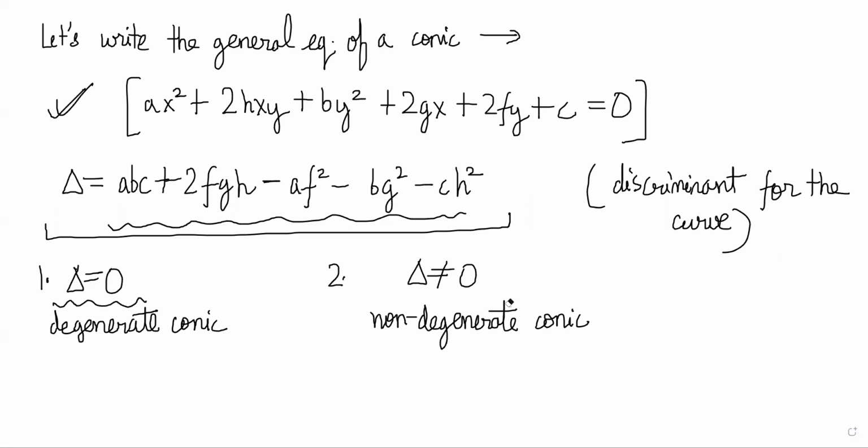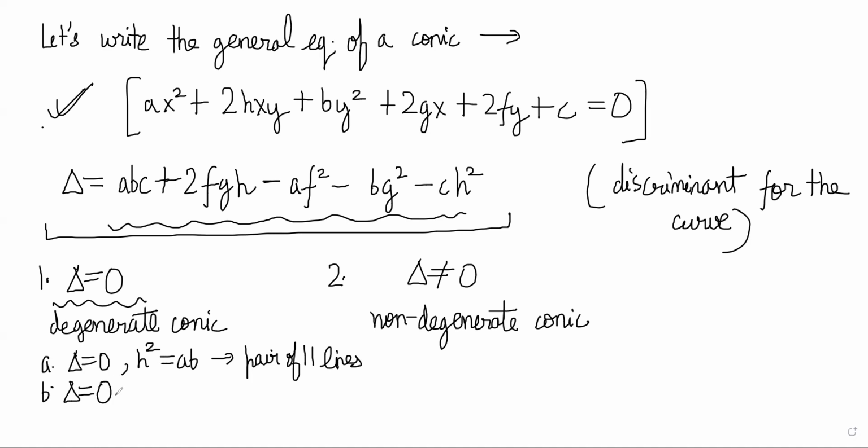So, what are the special cases in both the situations? If del is equal to 0, the curve will be a pair of straight lines, which could be both real and imaginary. So, you have multiple cases here. If del is equal to 0 and h square is equal to AB, the curve is a pair of parallel lines. If del is equal to 0 and h square is greater than AB, then it is a pair of intersecting lines.